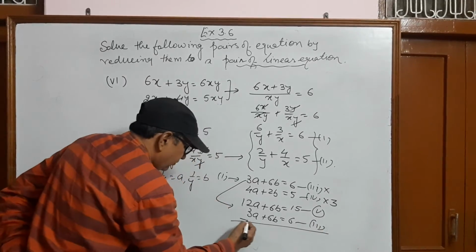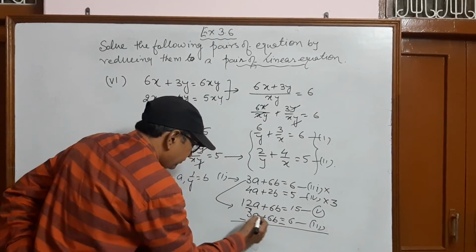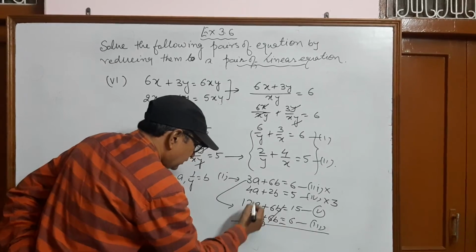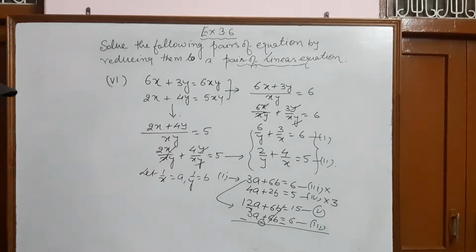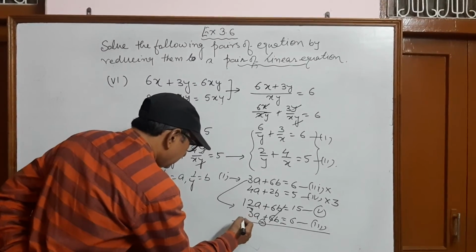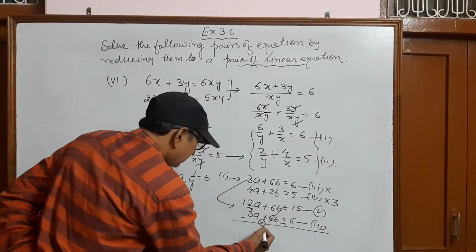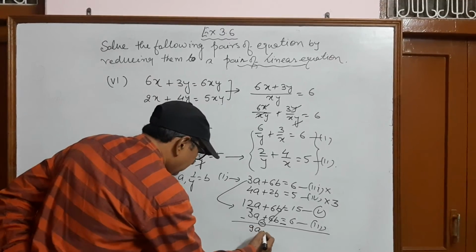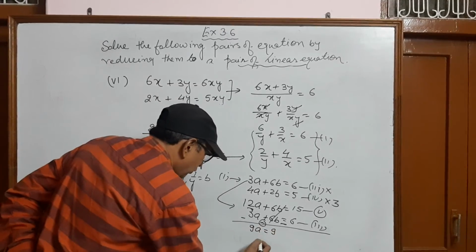Now subtract. 12 minus 3 is 9. a equals 1.